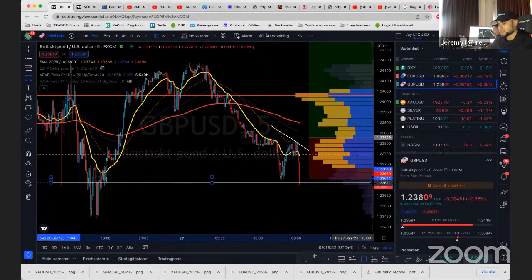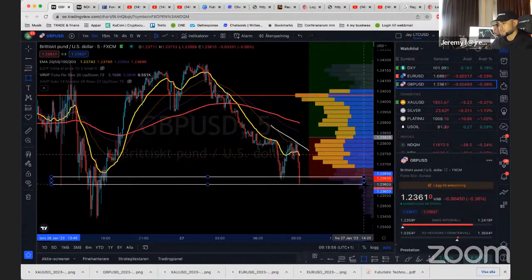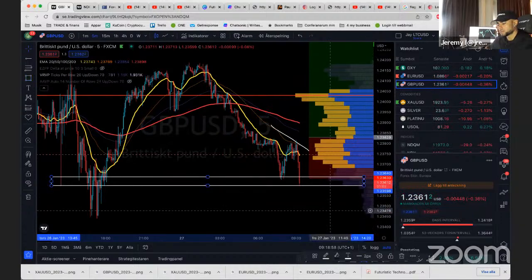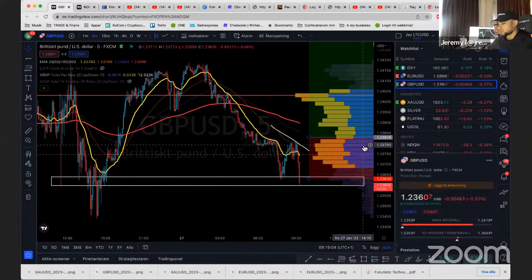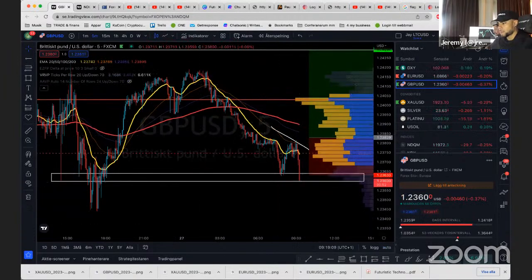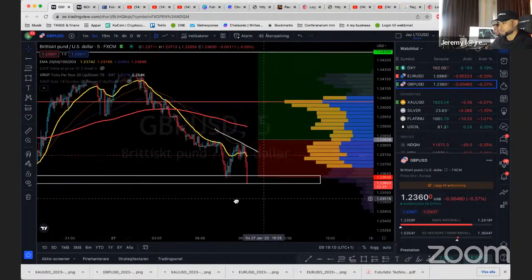It's testing all of this as support right now. We will see if that holds. Yeah, it's trying to push down. We will see. It's on a 5-minute time frame.